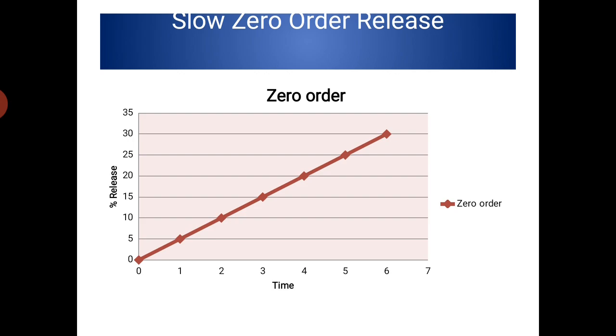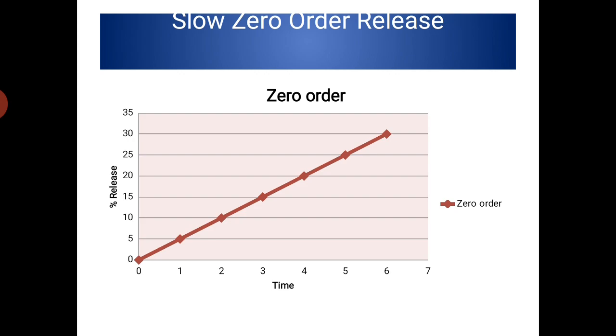A steady state concentration of drug in our systemic circulation, in our blood, is required, and this steady state concentration must be within the therapeutic range. So a steady state concentration within the therapeutic range must be achieved in case of a controlled release drug delivery system.